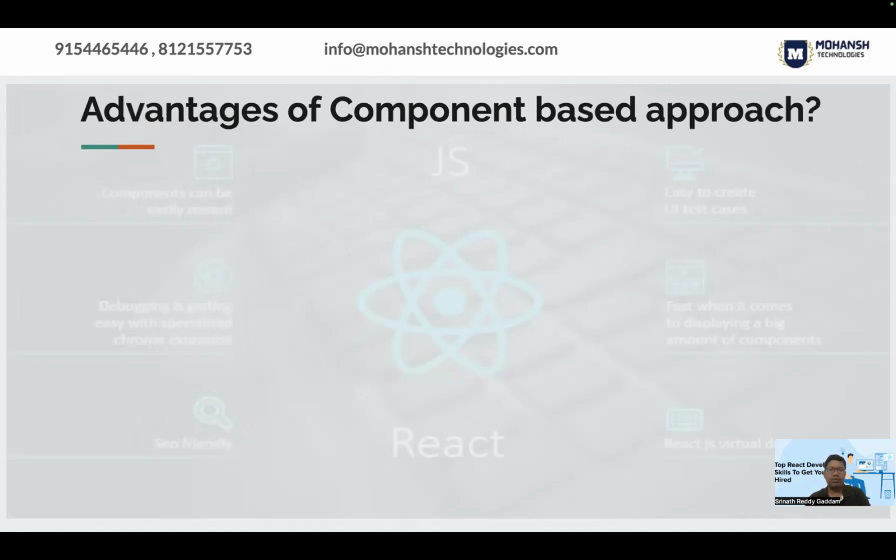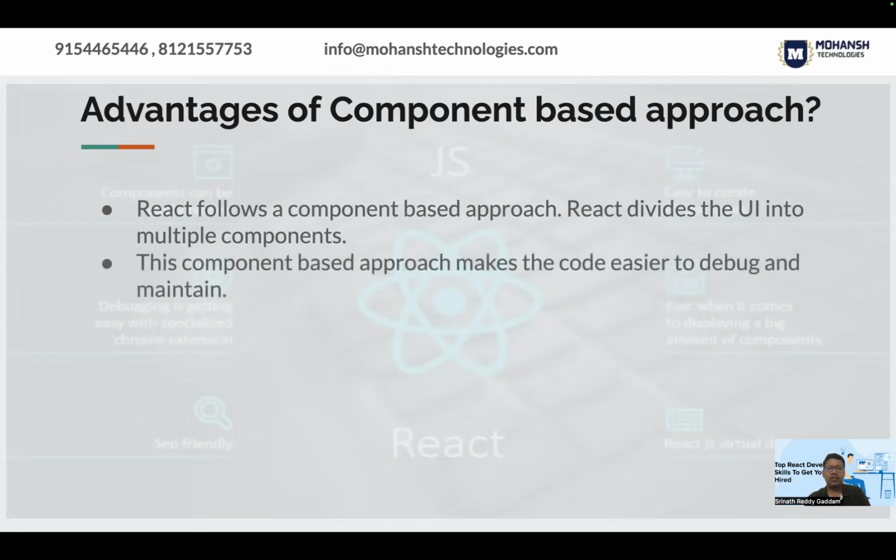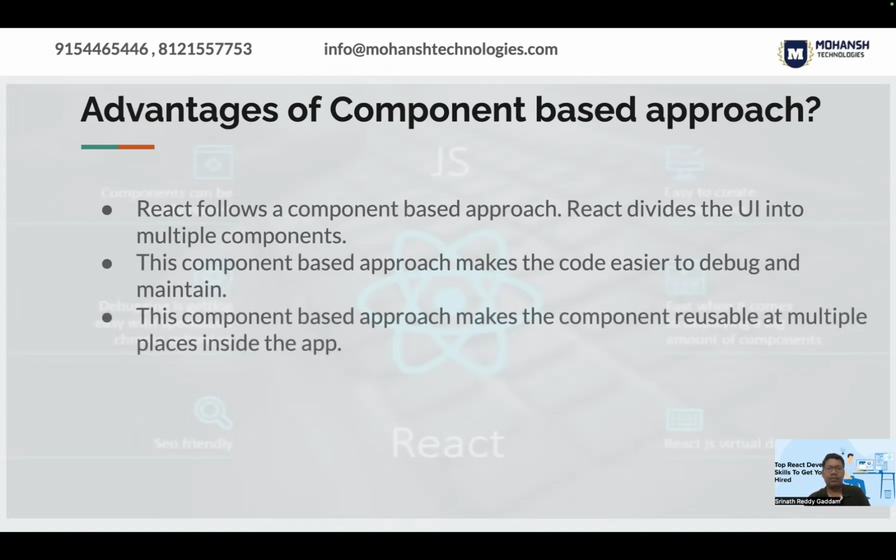Advantages of the component-based approach. React follows a component-based approach. React divides the UI into multiple components. UI in the sense every page of your React application is divided into multiple components. This component-based approach makes the code easier to debug and maintain. This component-based approach makes the components reusable at multiple places inside the app.